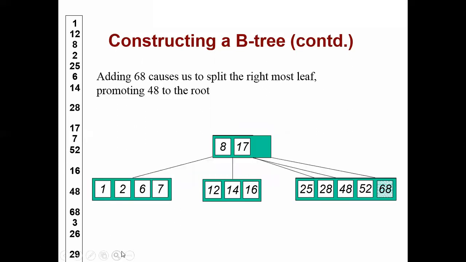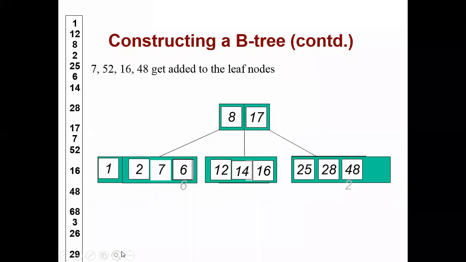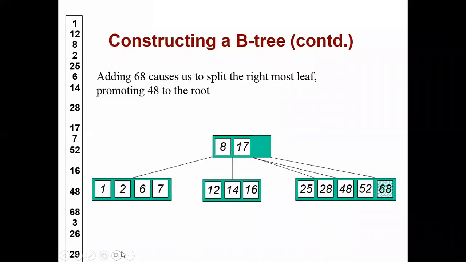Okay, fine. So next will be what? Adding 68. Just concentrate here. Again, we have seen previously, it's okay. Now next will be 68. So what is the value of 68? We add 68, again it is a leaf node. So we'll start from the root node. Which is our root node? 8 and 17. Okay, so smaller than 8 we have seen 1 2 6 7.